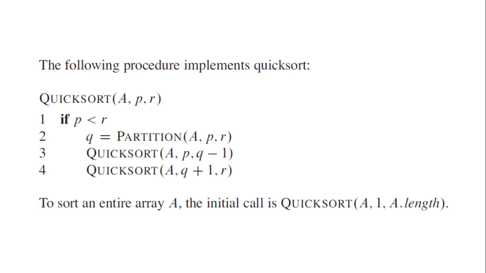If p is less than r, then q = PARTITION(A, p, r), and then QUICKSORT(A, p, q-1), and the fourth one QUICKSORT(A, q+1, r). To sort an entire array A, the initial call is QUICKSORT(A, 1, A.length). A.length, we find the length of A.